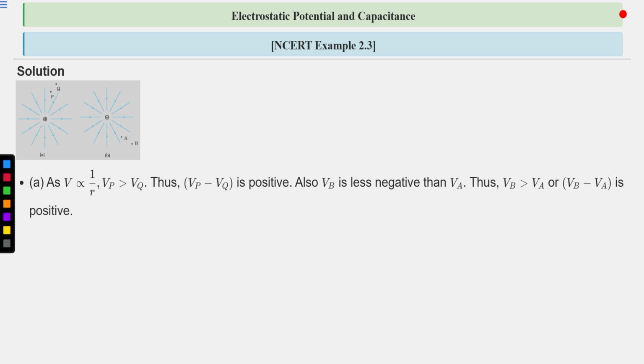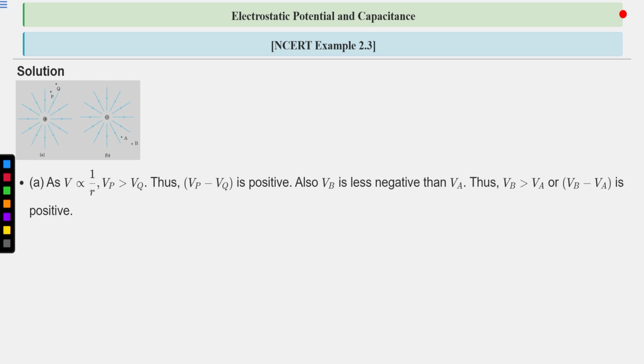Now, this is a negative charge. We are moving a positive charge from B to A. Now the condition is changed. Here the test charge is positive, but the source charge becomes negative. Now, it will attract this test charge.